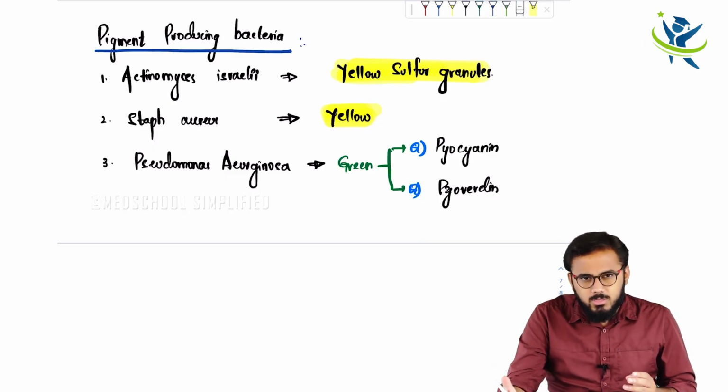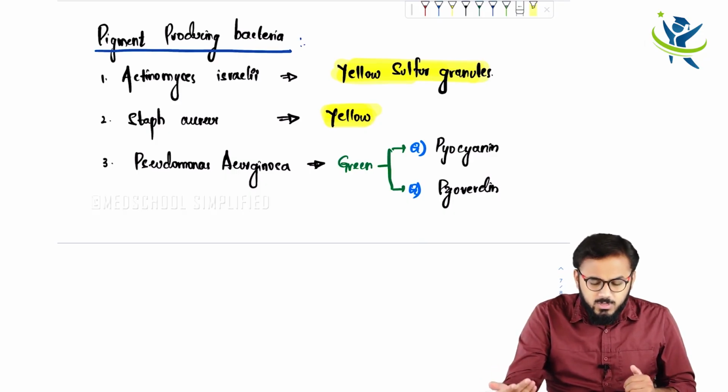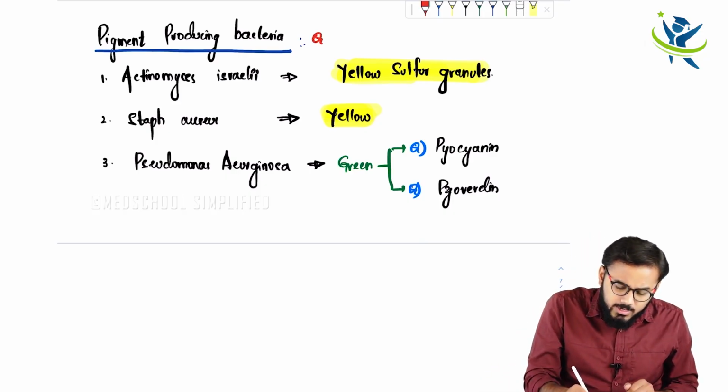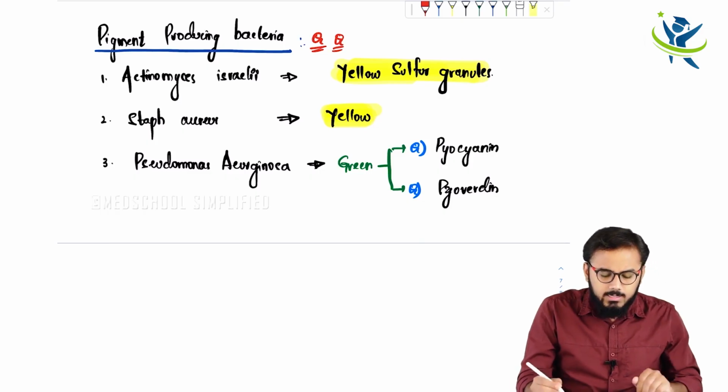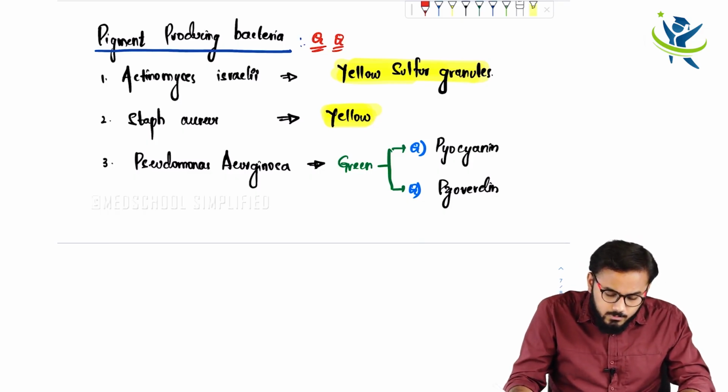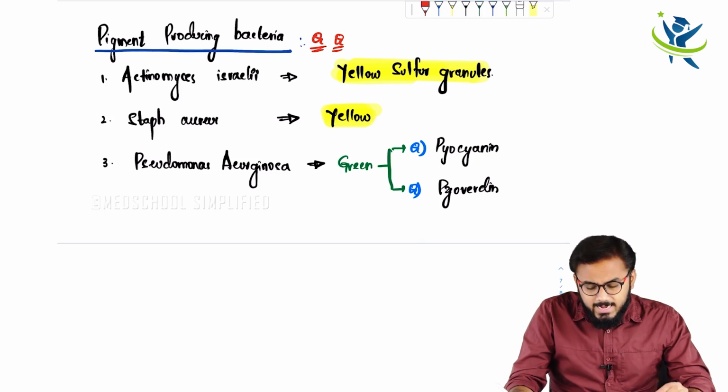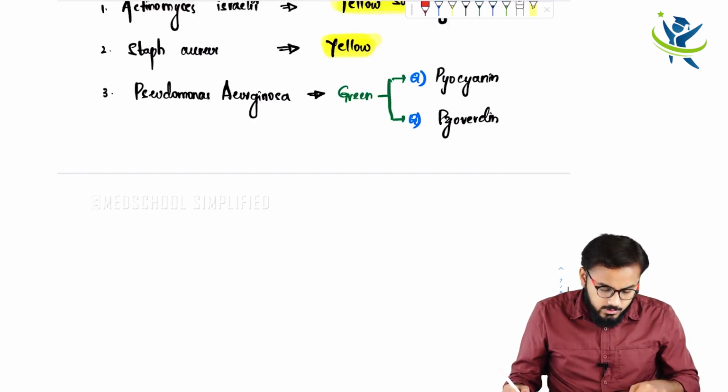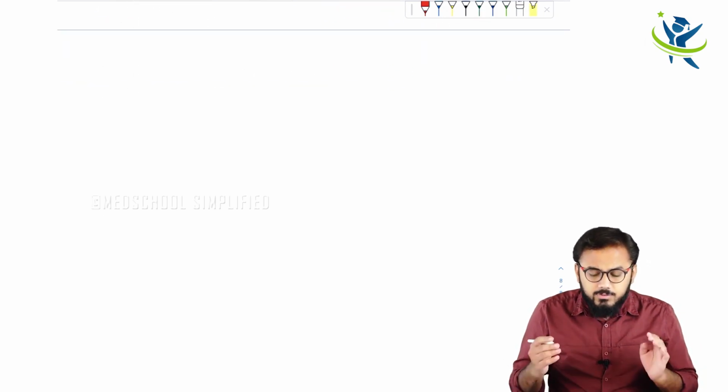So in infected wounds, you most commonly find Pseudomonas aeruginosa. These are some of the important things which you need to know regarding the pigment producing bacteria. Now, apart from this, another important and high yield topic which we're going to discuss is the virulence factors which are released by the bacteria.